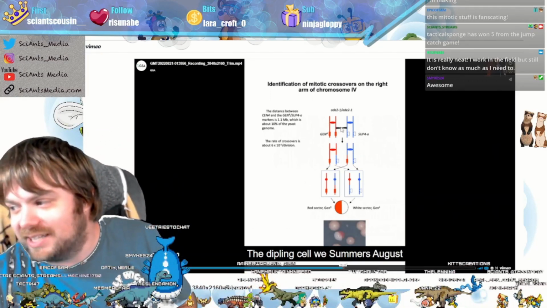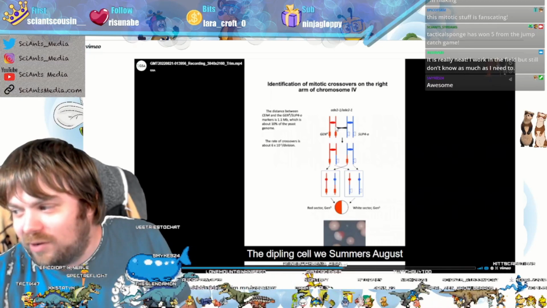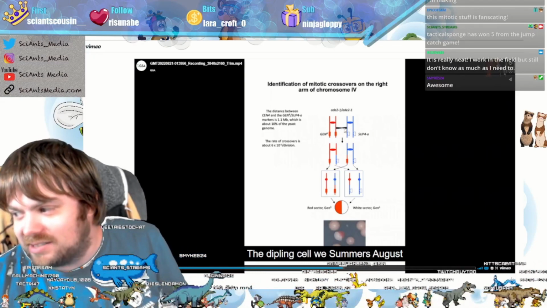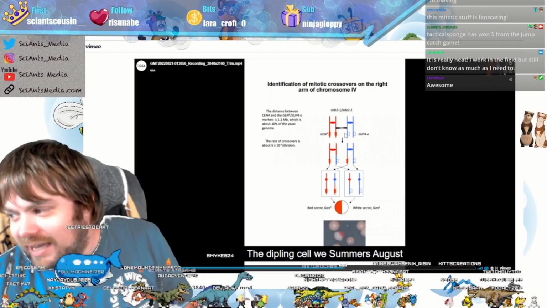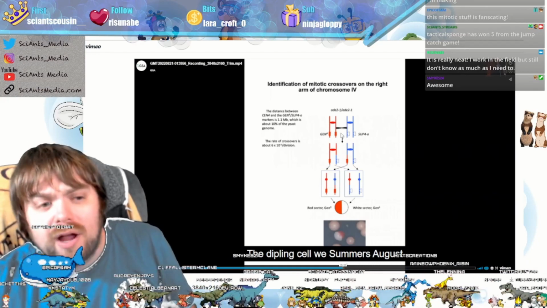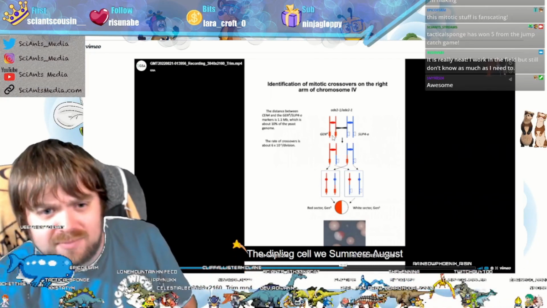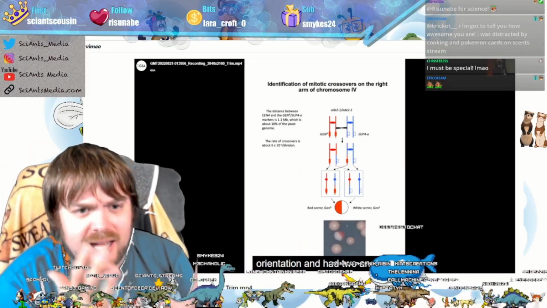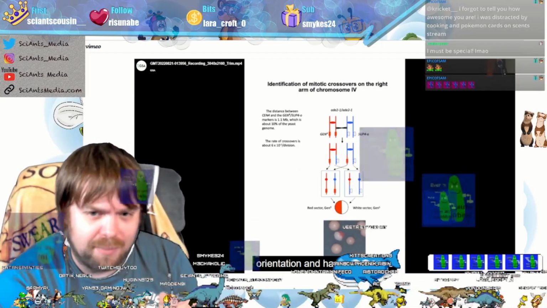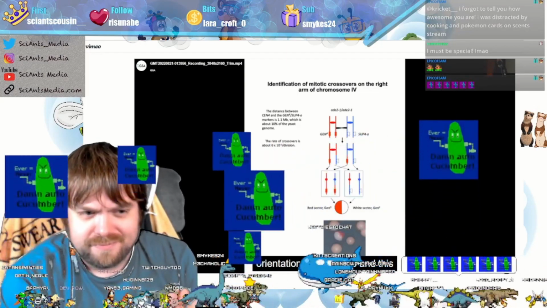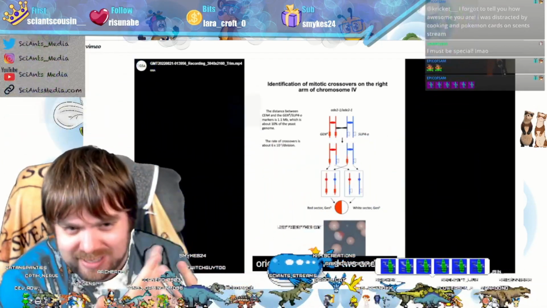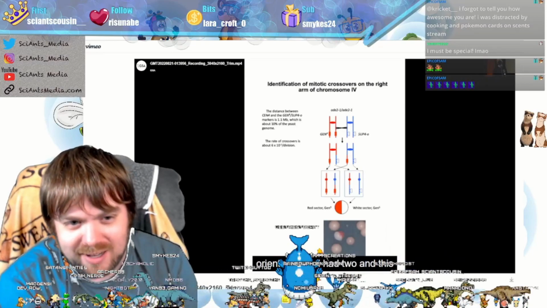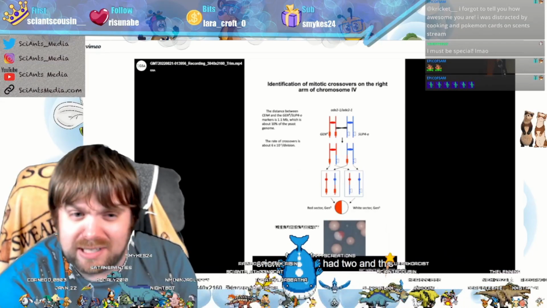And you can also map the distances. So right here, what he wanted to ask was these two genes, how often do they recombine, knowing where they are in the chromosome even. And you can visually identify cells that have undergone recombination, which is super, super cool, by just this red stain on the cell. So the ones that are red have had a recombination event, and the ones that aren't have not.